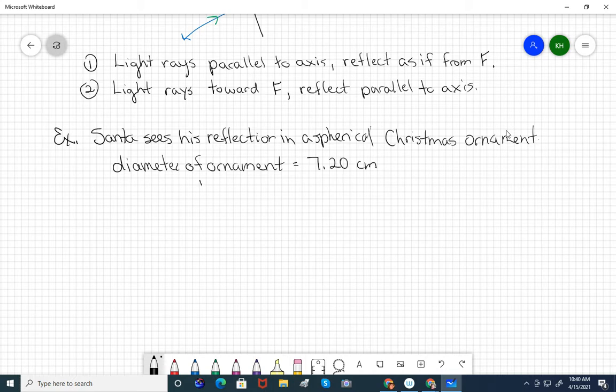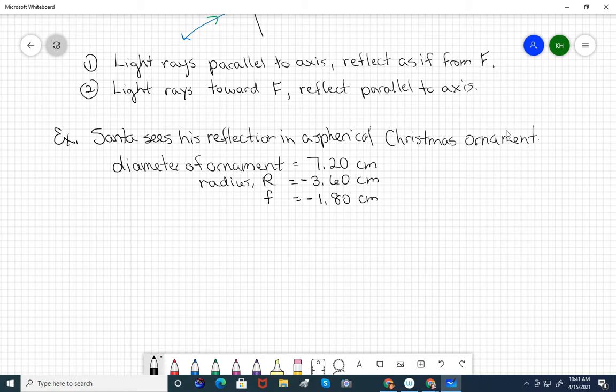That means that the radius of curvature would be 3.60 centimeters. And then the focal length is half of that, would be 1.80 centimeters. But these will be negative because it is convex. That's going to be important, that we get those dimensions right.